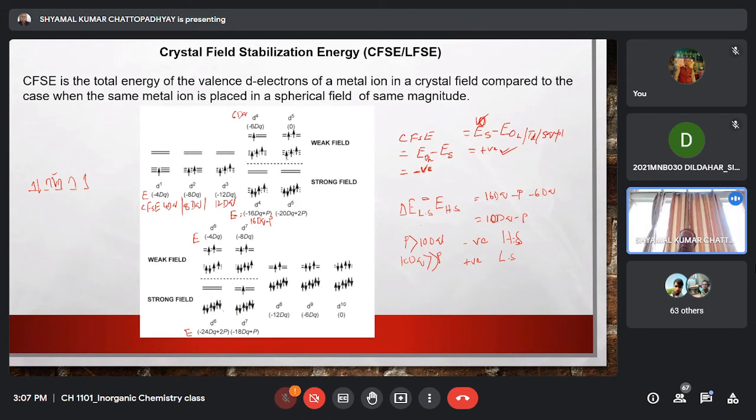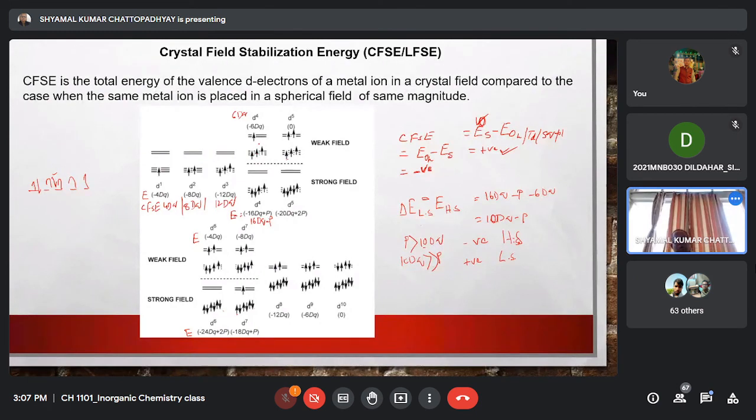If 10 Dq, the crystal field, is much lower than the pairing energy, then pairing will not occur. In other words, if the crystal field cannot compensate for the additional pairing, in every case you will find that when we go to the low spin configuration, there is some additional pairing compared to the high spin case.